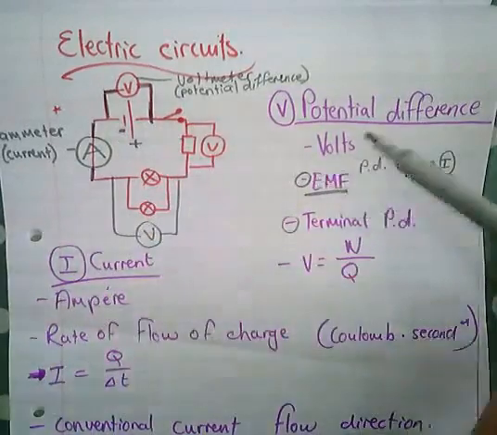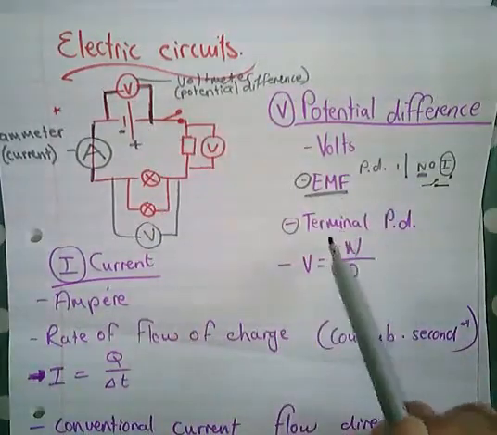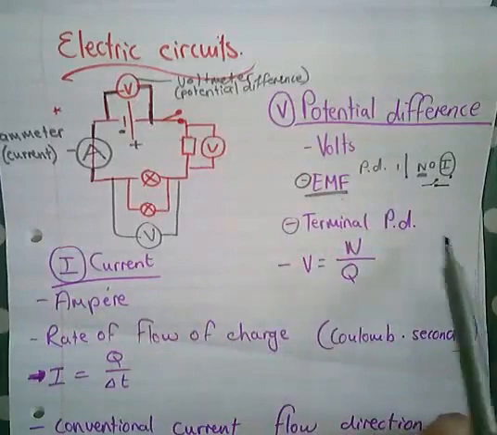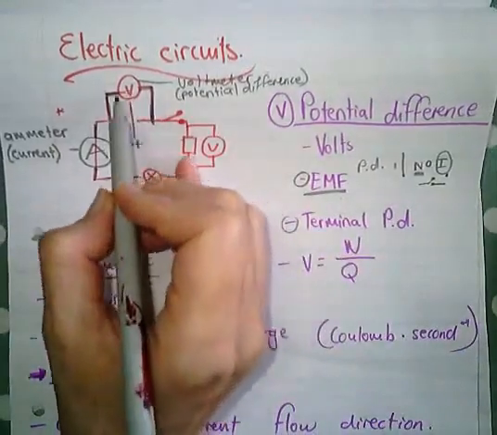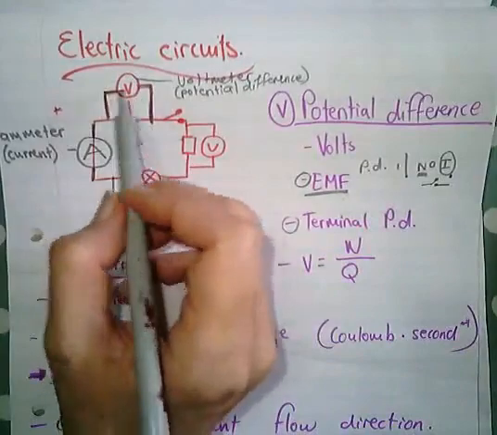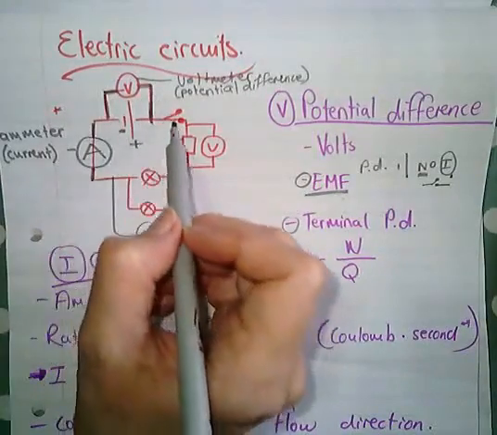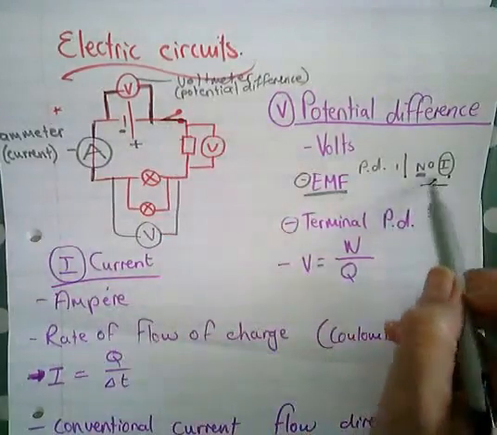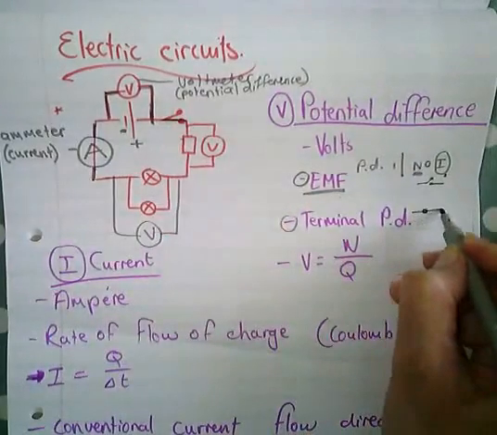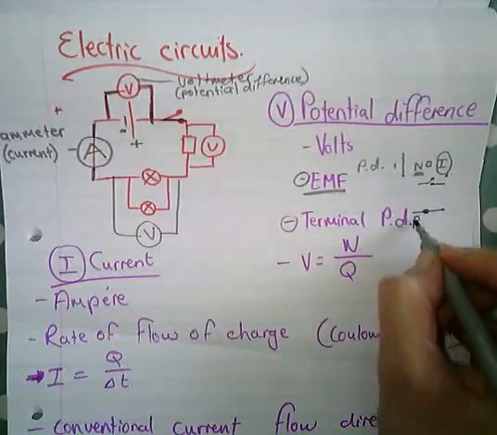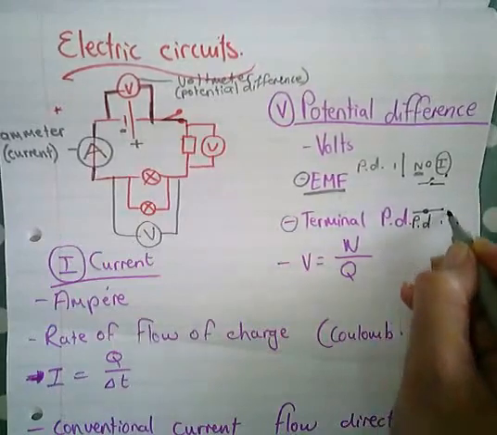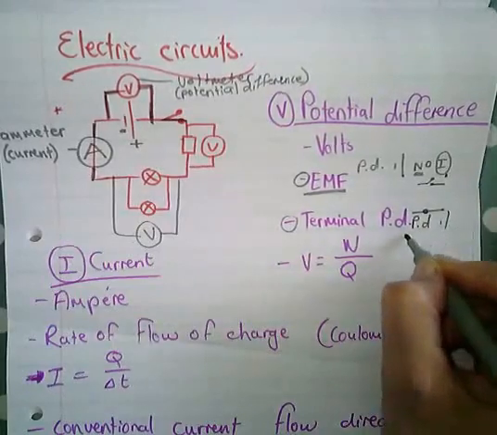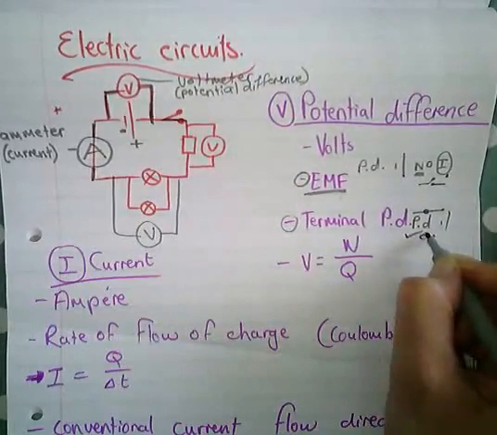So when we measure what's called the terminal potential difference, we still have the voltmeter across the battery, but now the current is flowing. So now the switch is closed, and it's the potential difference across the battery when there is current flowing.